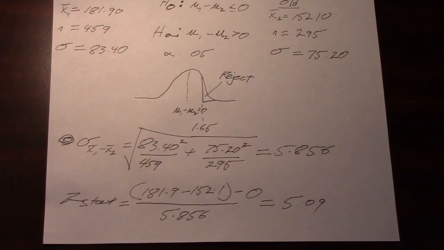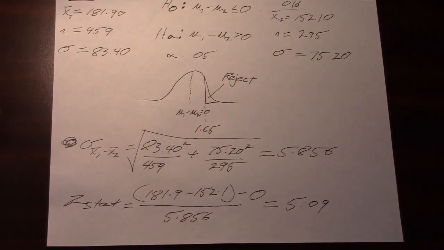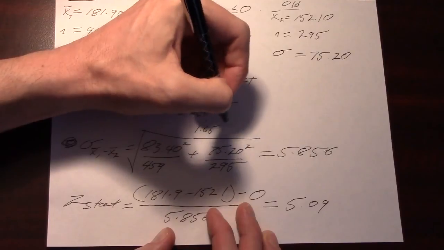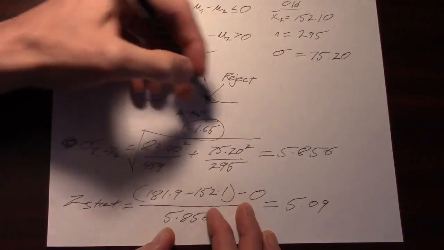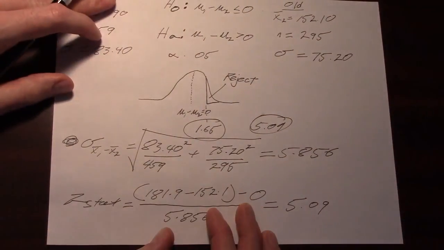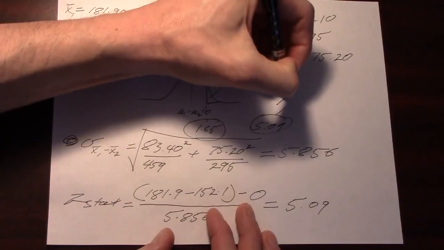That is off the charts. If we look at the z distribution, it only goes up to 3. So we know that this is an extremely significant, extremely unlikely test statistic under the assumption of no difference. Our critical value was 1.65, and the value we actually got was 5.09. Whoa, jeepers. So we're going to reject for sure.